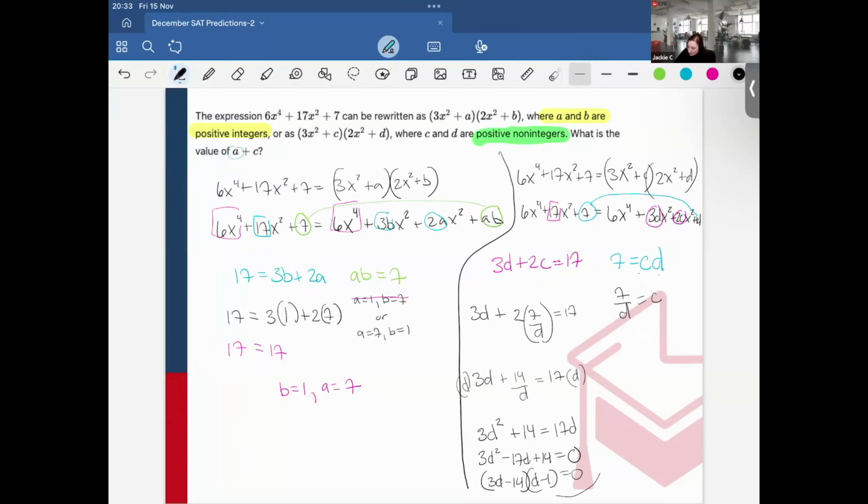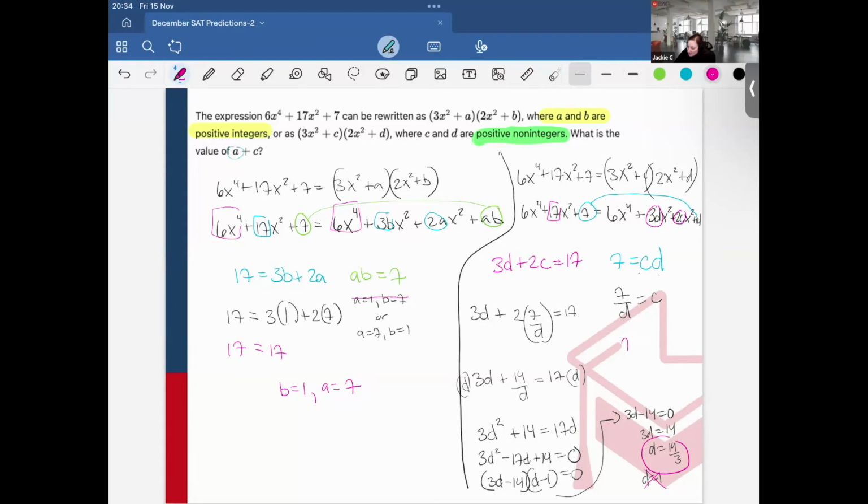Then I would get my two values. 3d minus 14 equals 0, so 3d equals 14, d equals 14 over 3. And then the other one is just d equals 1. But d can't equal 1 because it has to be a non-integer. So now I know that d is equal to 14 thirds.